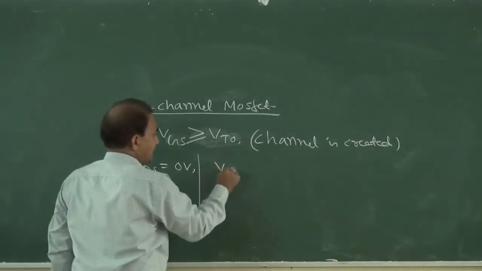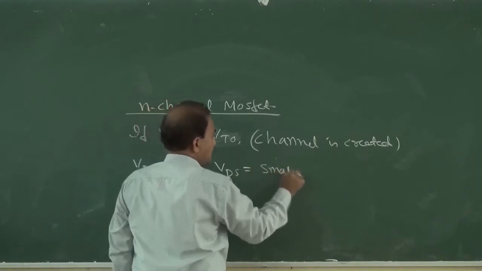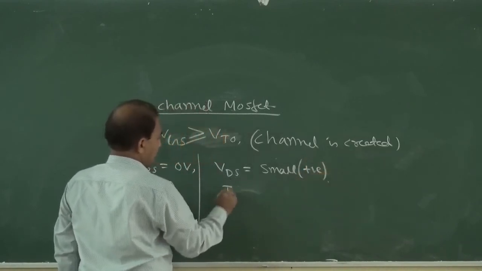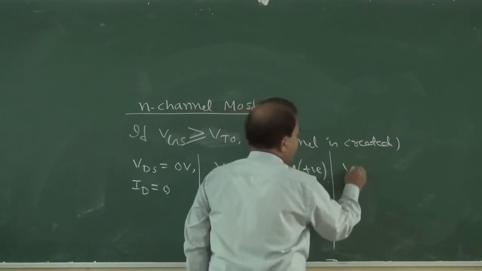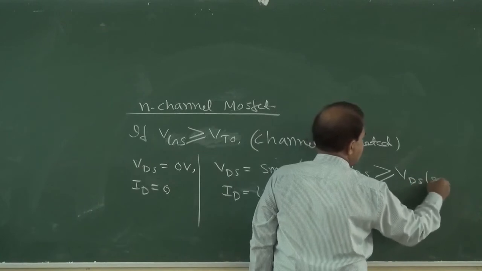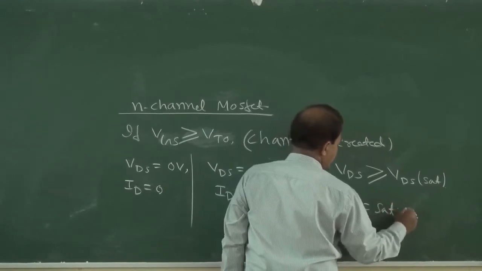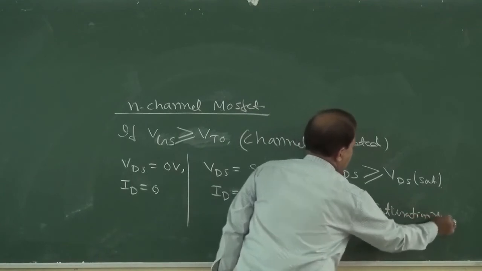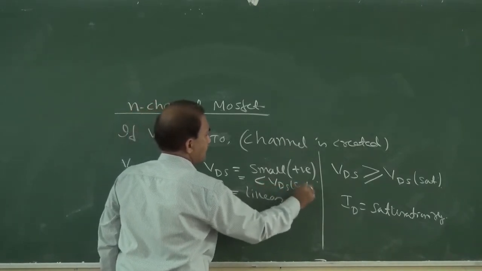If VDS is equal to small positive value, then ID is in linear region, and if VDS is more than or equal to VDS saturation, then ID will be in saturation region. Okay, small means it is less than VDS saturation.